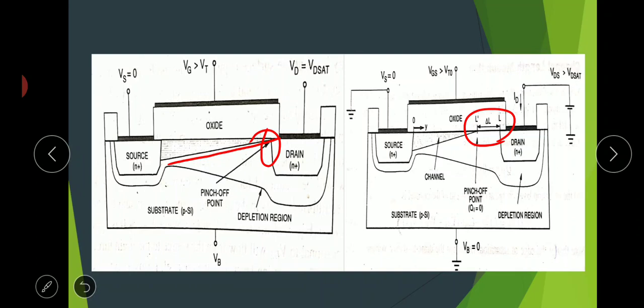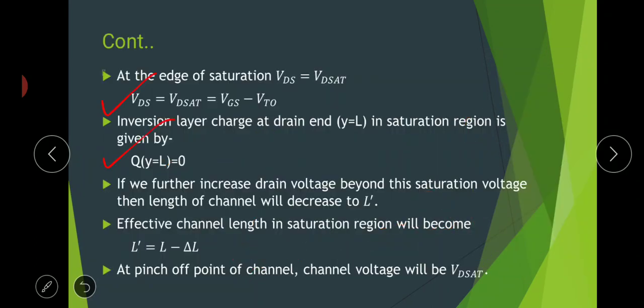So L dash equals L minus delta L. Then we get our new channel length, that is known as effective channel length.